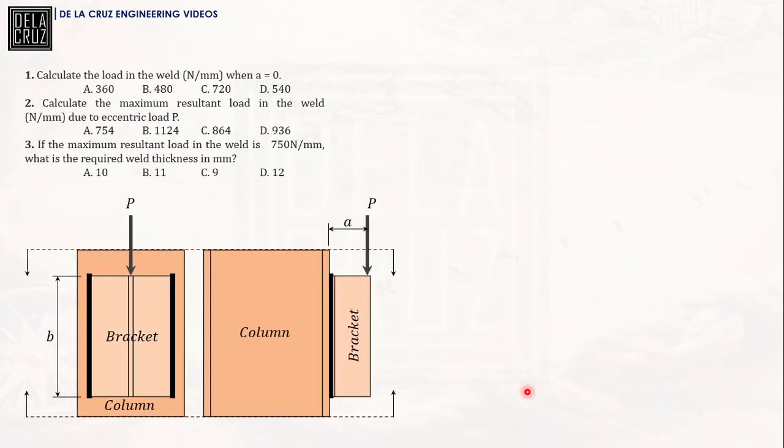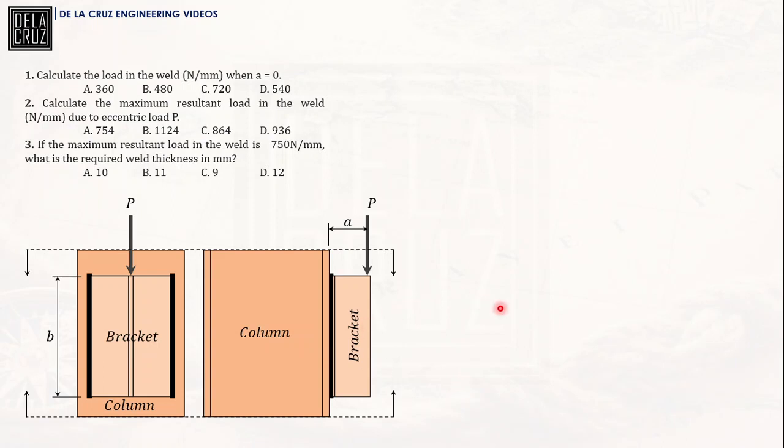So first, we want to calculate the load in each weld when A is 0. That means when A is 0, this P is directly acting at the line of the weld. So our P will be evenly distributed on each mm of the weld. We'll be solving this using the MathCAD software.